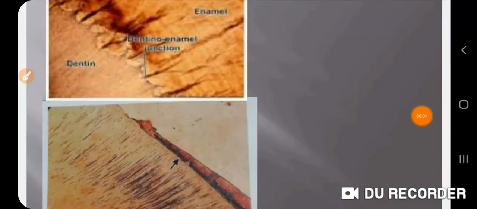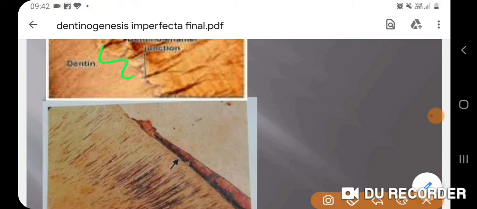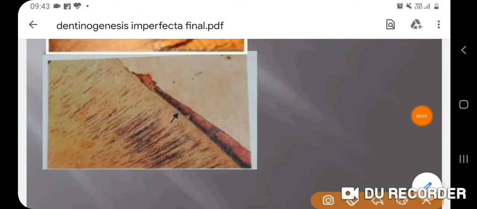In a ground section of the teeth, we can observe that in the normal condition there is scalloping, but in dentinogenesis imperfecta there is a loss of scalloping. We can observe here that there is no scalloping present at the dentinoenamel junction.